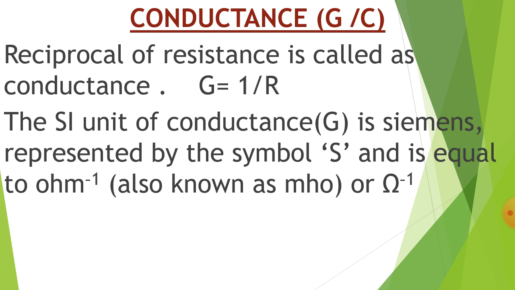So the formula is G equals 1 by R. Now the SI unit of conductance is Siemens, represented by the capital letter S, and it is equal to ohm inverse because the unit of R is ohm. So ohm inverse is equal to Siemens, also known as mho.